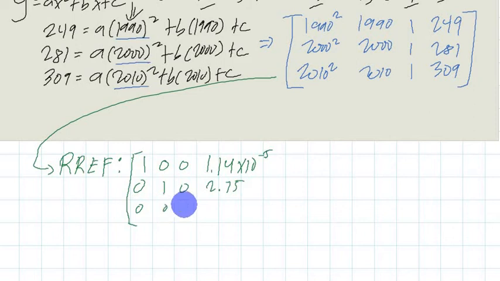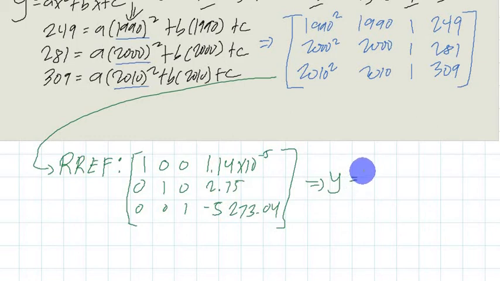Third row is 0, 0, 1, negative 5,273.04. Hence, the polynomial model that we should be using would be y is equal to 1.14 times 10 raised to negative 5 x squared.